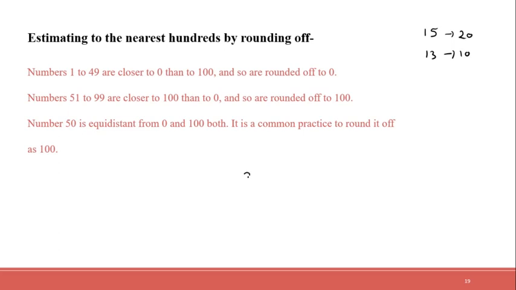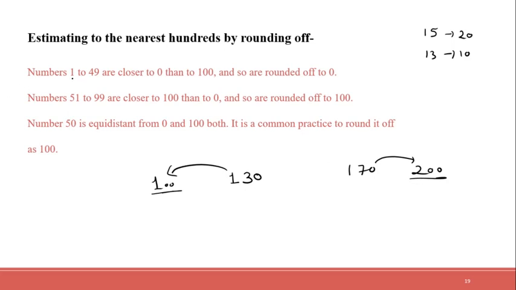If a number is written here 130, then we will round it off to 100. And if a number is written here 170, we'll round it off to 200. Now we will round off to the nearest hundreds and not tens.